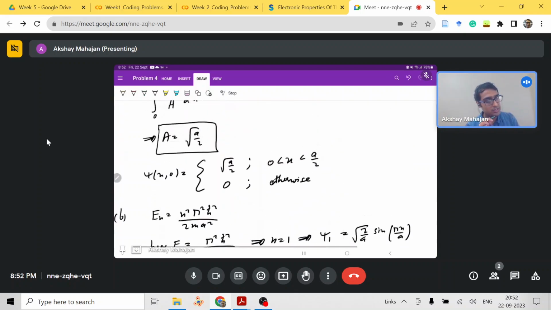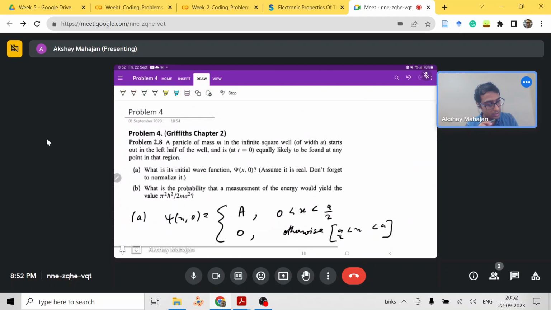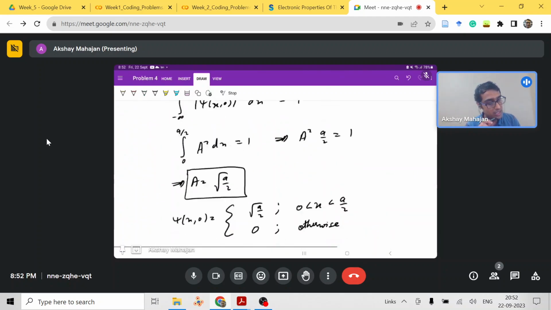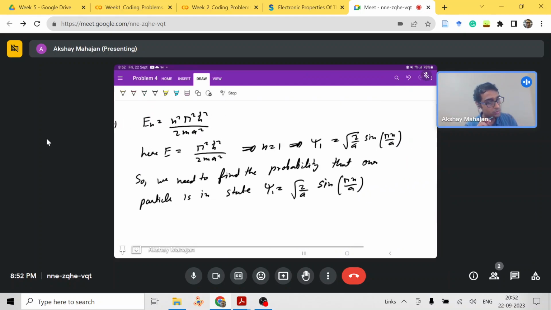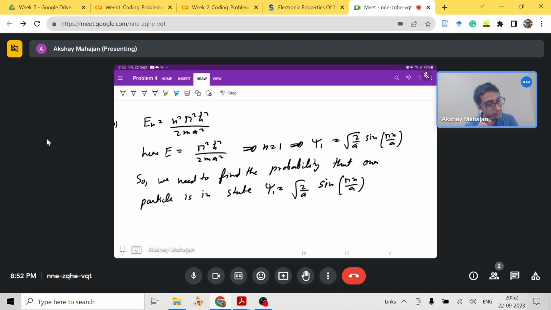So when it is saying that the measurement of the energy should be this, it means that the particle will have this energy if the particle is in our n equals 1 ground state, because that is how the energy is matching. So we need to find basically the probability that our function is this.